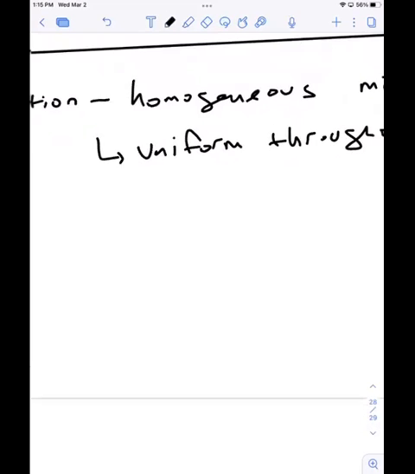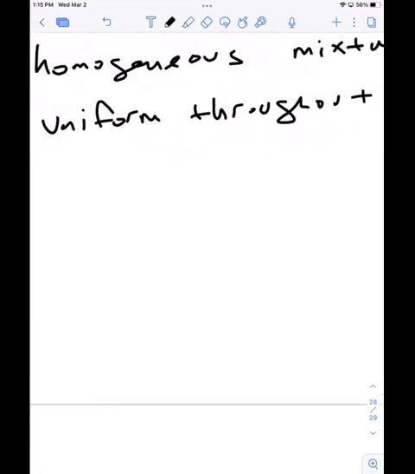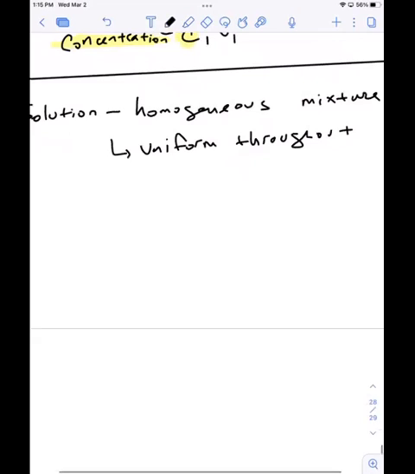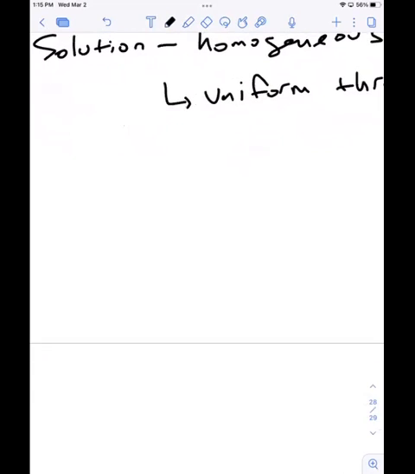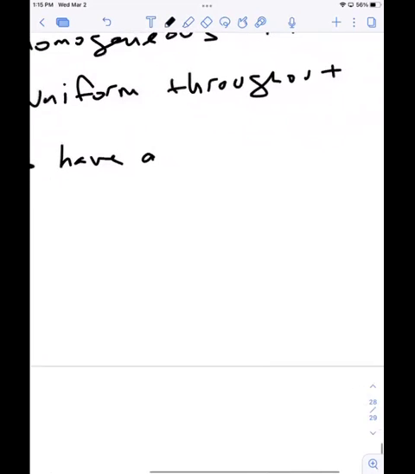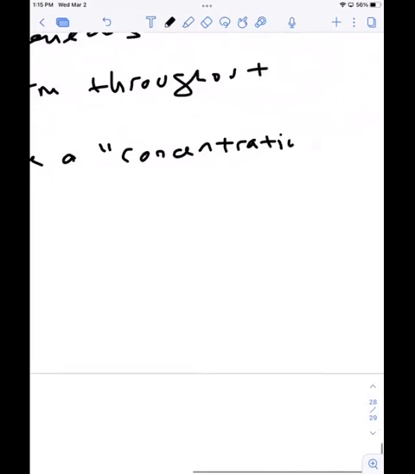The way we look at solutions is we think of them as concentrated or dilute. That's how we think of the composition of a solution. So solutions have what we call a concentration, which is literally what we call the molarity.